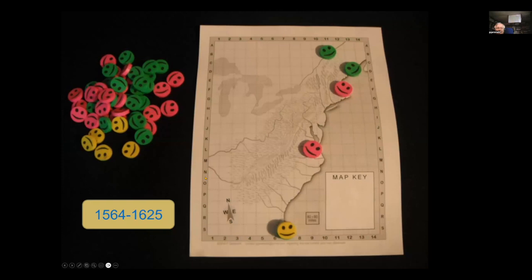One version is for you to give the list to the students, and they just play a board game, kind of like Risk or some of these others, where they read the date over there. And we've got three different colors of symbols that you could put on this board game: yellow for the Spanish, green for the French, and what Dave refers to as Pepto-Bismol pink for the British.